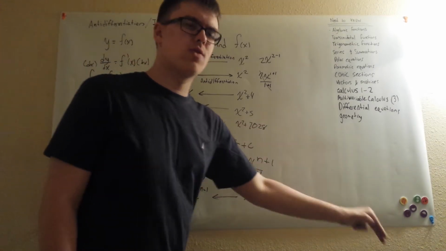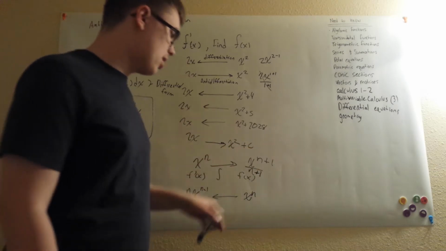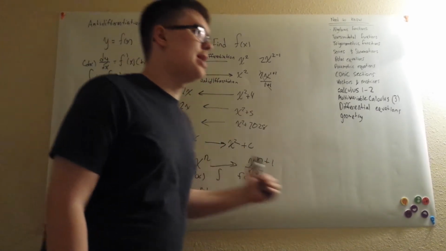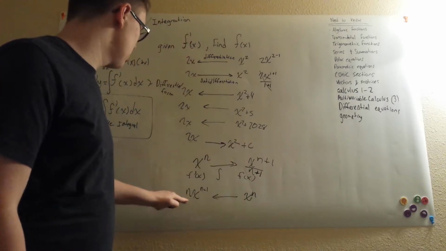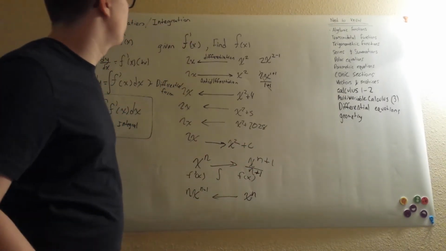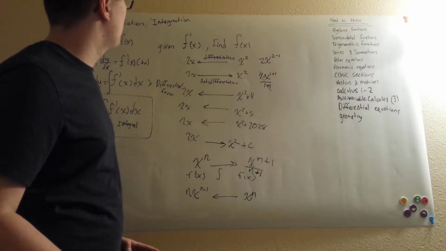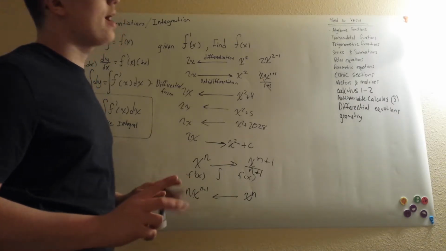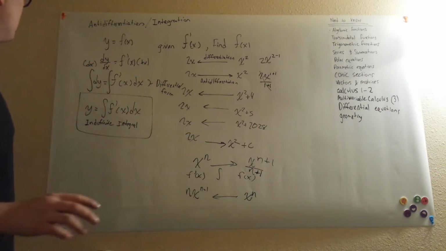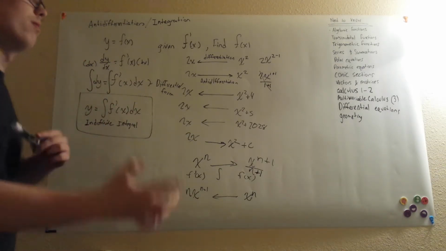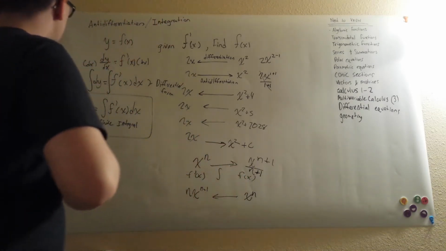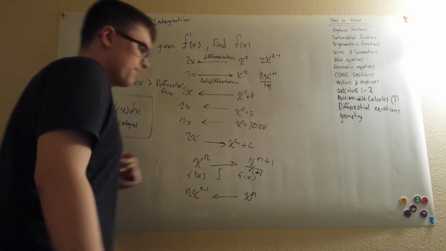To anti-differentiate or to integrate, we add 1 first and then divide by the new exponent. So it's the complete reverse of differentiation. And that is an important theorem that'll come in soon about reversing and undoing differentiation.